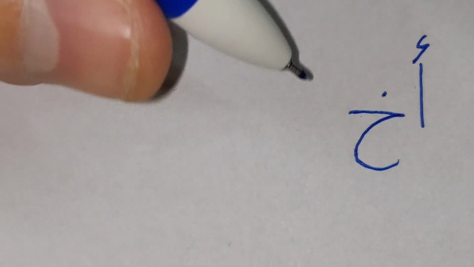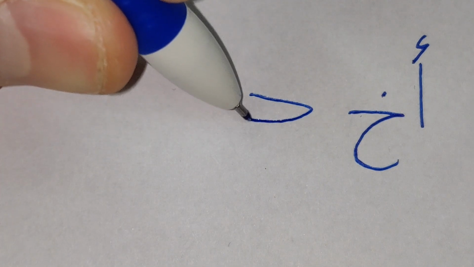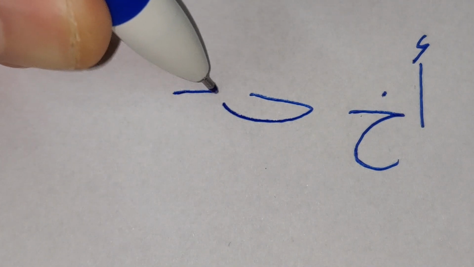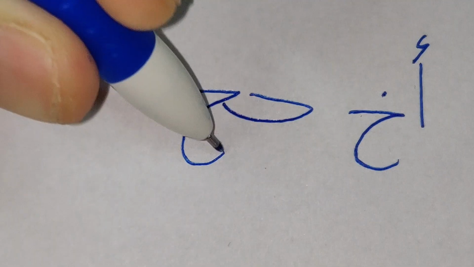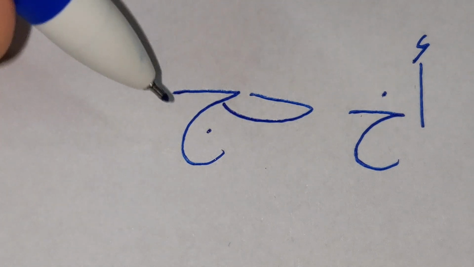Let's combine two letters, ha and jim, and we have hajj, which means pilgrimage. One more word.